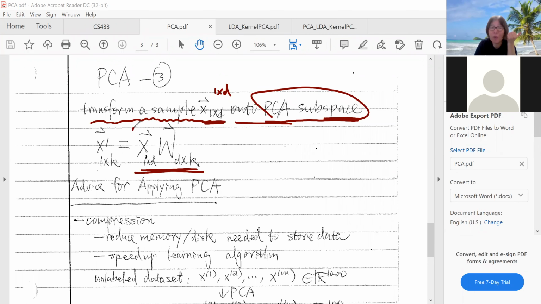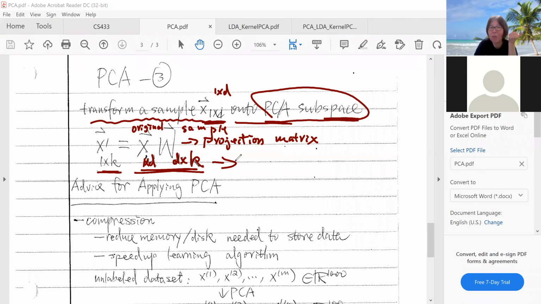So this is the original sample, so it's 1 times D. And this is the projection matrix, and this projection matrix is D by K. That's how you can come up with 1 by K, with this new dimension, 1 by K, okay?